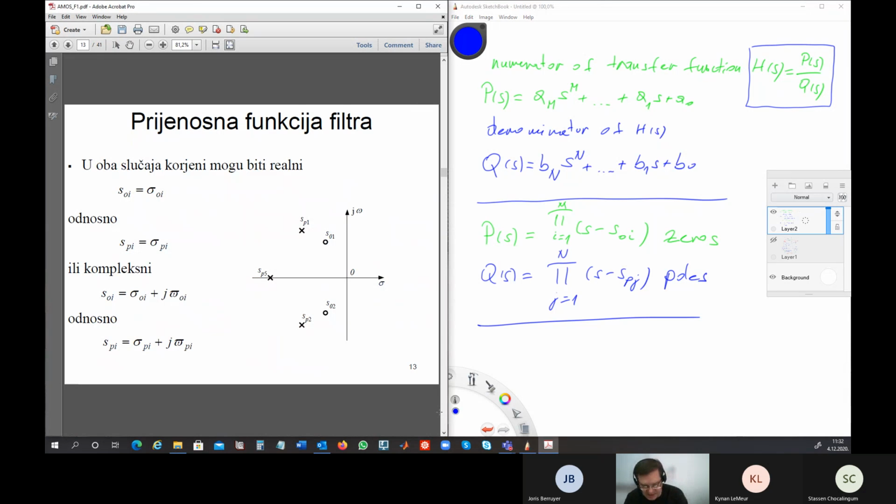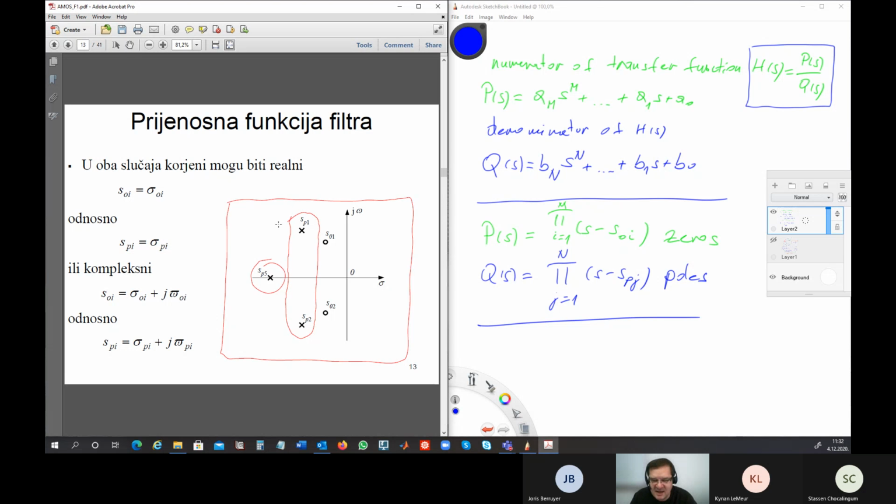Here is an example of how zeros and poles can be situated in the s-plane. So this is the plane. We see if we have one pole alone, then it must be real and it is negative. This is this example. If we have one pole which is complex, then it has its conjugate pair. So we have this pair here.